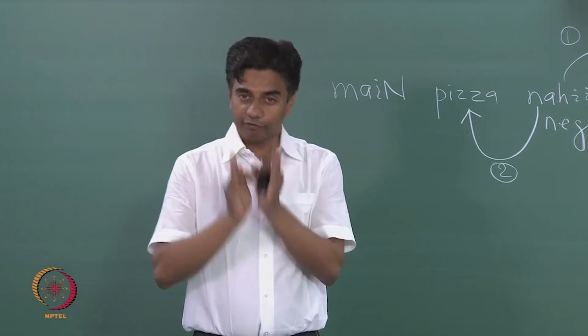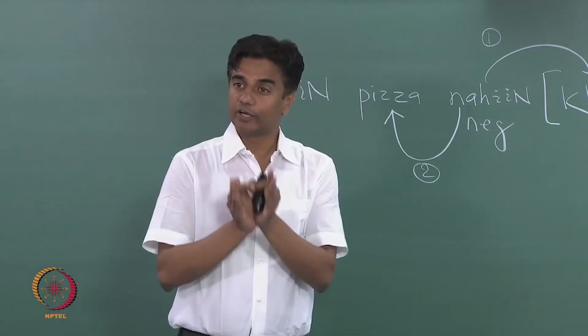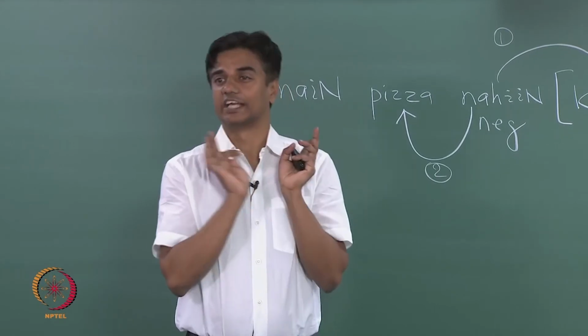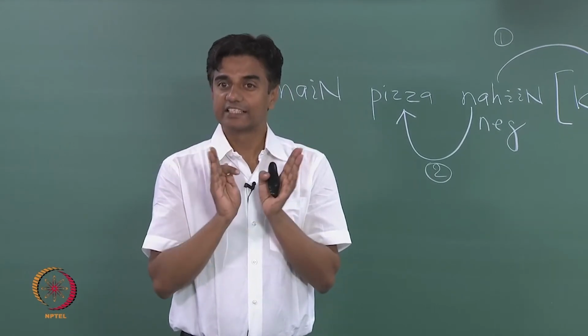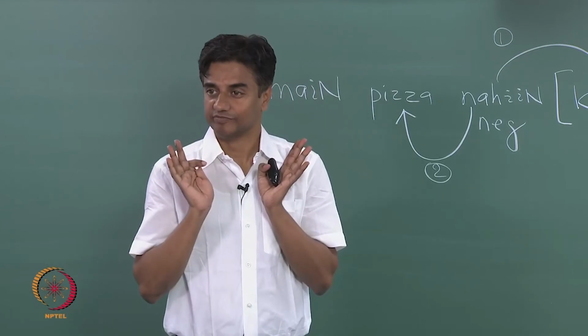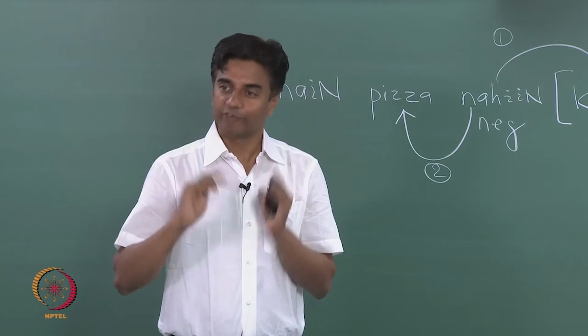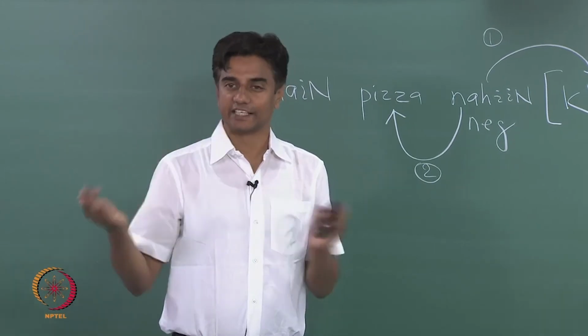Negation is a functional category. It belongs to the functional layer only when we are talking about sentential negation. That is the syntactic aspect of negation, when it negates the entire verb. Therefore, it negates the entire sentence.